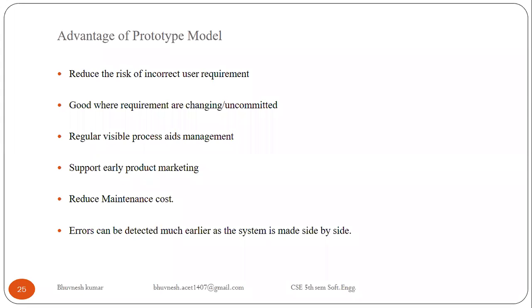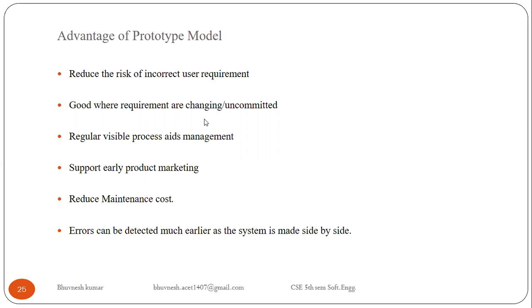That is why it reduces the risk of incorrect user requirements. Then, it is good where requirements are changing. If the customer keeps changing the requirement, go for a dummy only. If continuous change is there from the customer, make the product according to the prototype model.